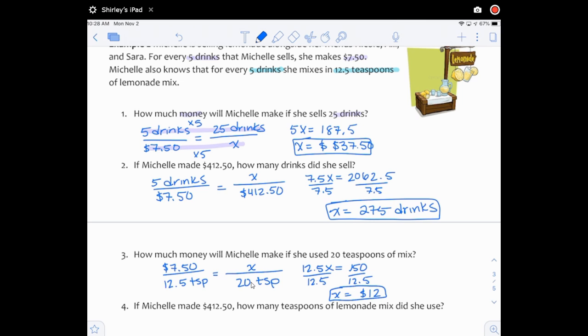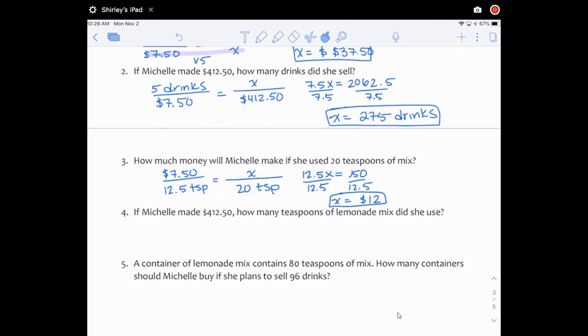If Michelle made $412.50, how many teaspoons of lemonade mix did she use? So I'm comparing price to teaspoons again. So I'm going to pull out that same piece. It's given to me that $7.50 is used for 5 drinks, which I used 12.5 teaspoons for. So if I made 412.5, how many teaspoons is that? Again, not an easy scale factor, so let's go cross products.